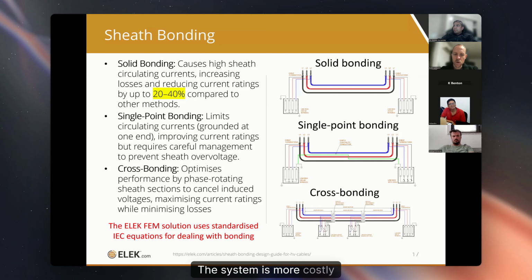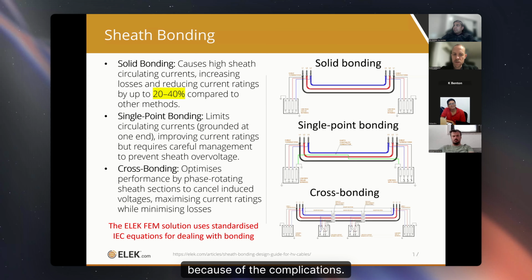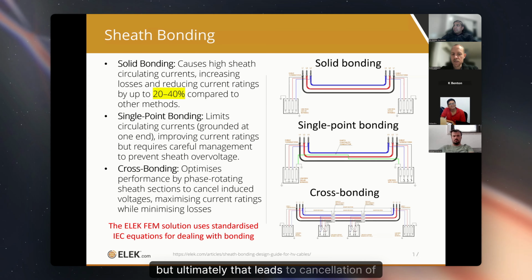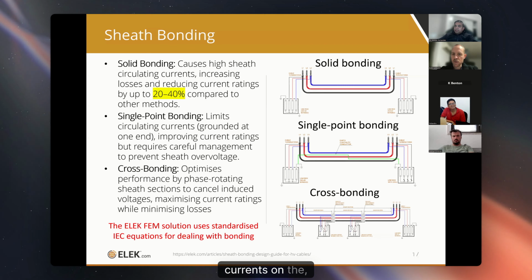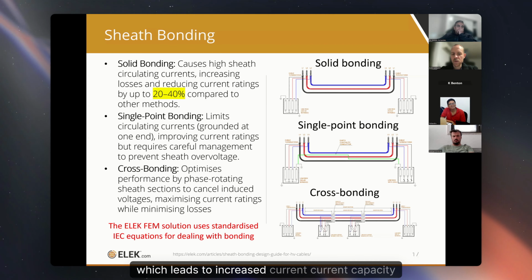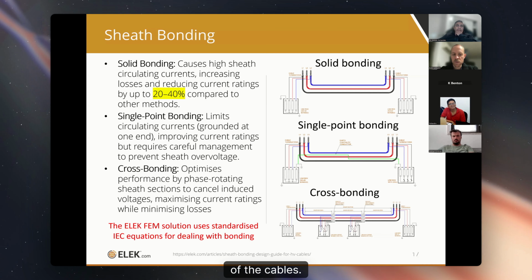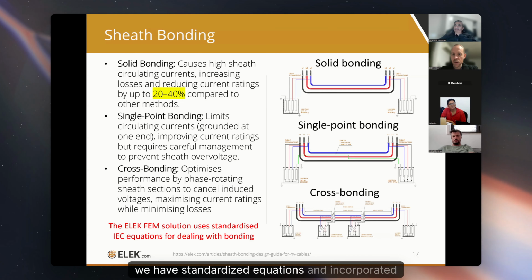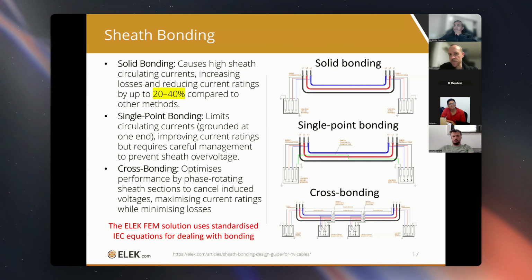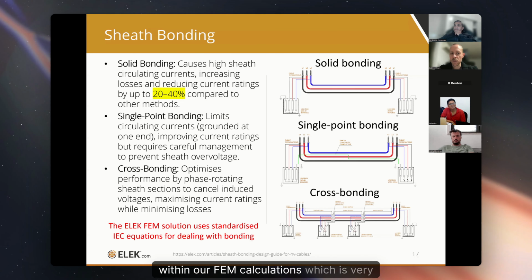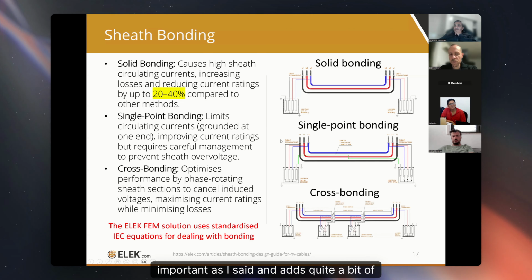The system is more costly because of the complication, but ultimately that leads to cancellation of induced voltages, smaller currents on the sheath, which leads to increased current capacity of the cables. We have standardized equations and incorporated all these bonding types and a few variations of those within our FEM calculations, which is very important, as I said, and adds quite a bit of complexity.